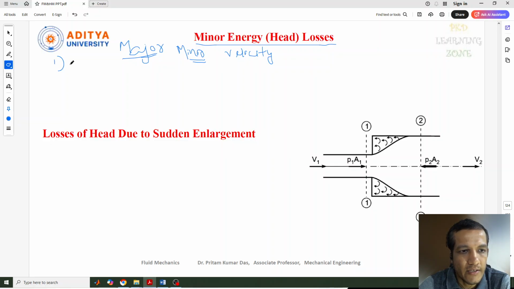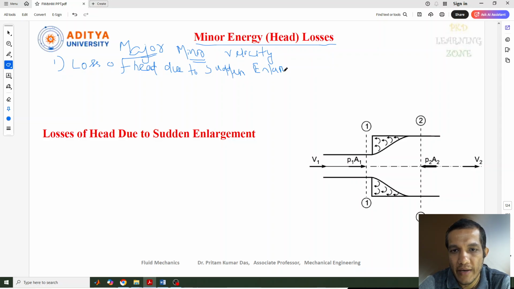So let me write: the loss of head, or the loss of energy, due to, first point, sudden enlargement in the pipe. Second one is loss of head due to sudden contraction.